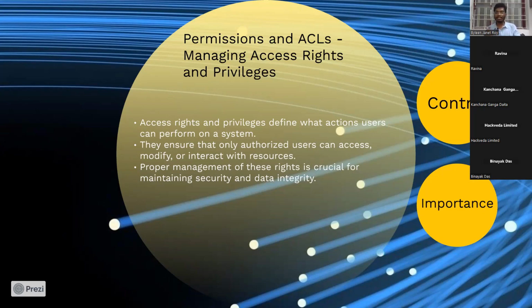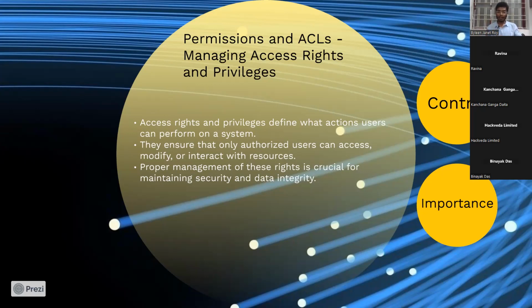Access rights and privileges define what actions users can perform on a system. They ensure that only authorized users can access, modify, or interact with the resources. Like I said, if you are sharing your document with write access, he can modify your document as well, and he can read your document. What if you are sharing your document with only view access, that is read access? He can only read the document but not make any modification.